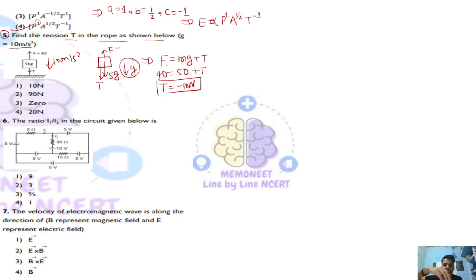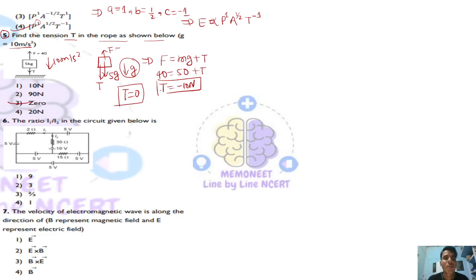If you put a block of 5 kg, or weight of 50 Newton, and you are trying to pull it up with a force of 40 Newton, it will not go up. Here the string slacks and there is no use of string, so the tension will become 0.